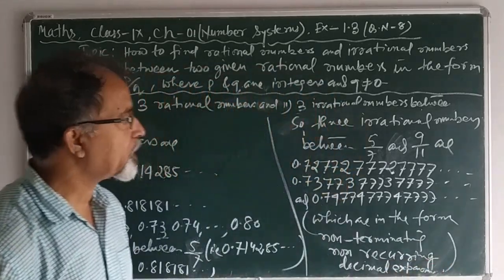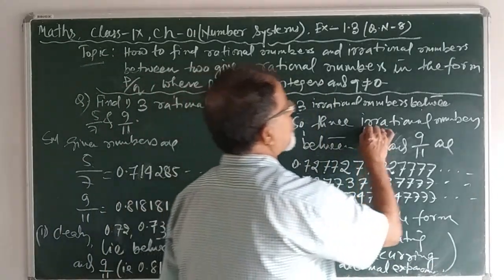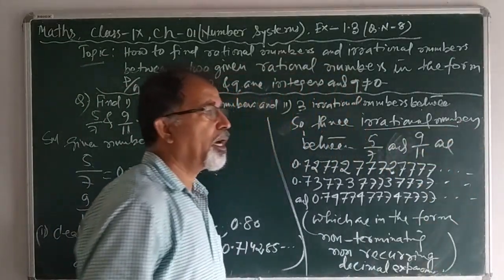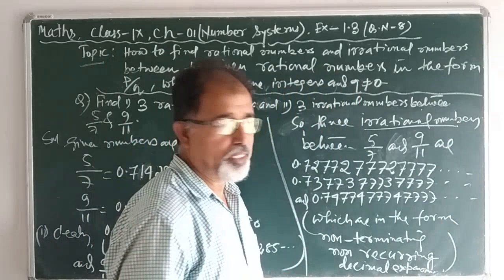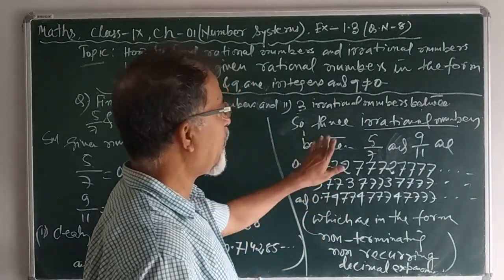And we already know the decimal expansion of irrational numbers is non-terminating, non-recurring. In this way, we can find the irrational numbers.